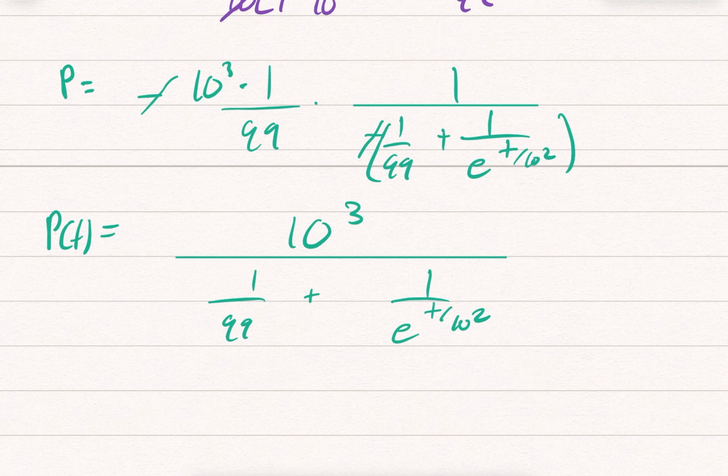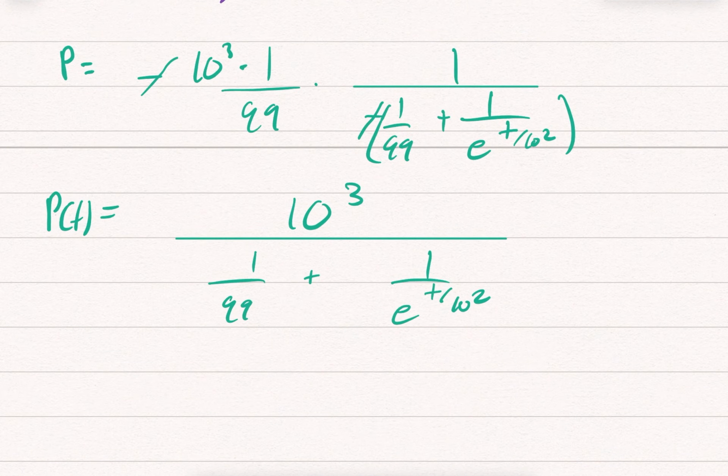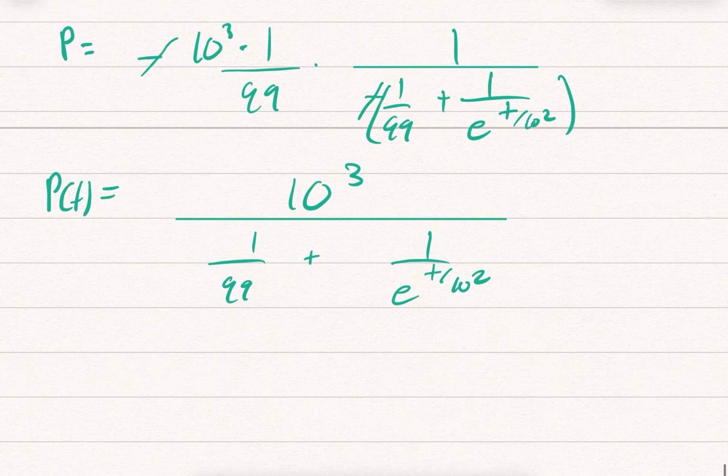And for any function, how do I get a number bigger than that? If this is less than 1. And t is my only variable here, if I put a value that's negative, I'm going to have this be negative in the denominator.